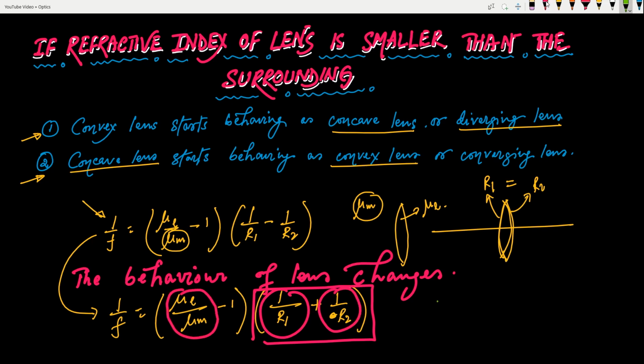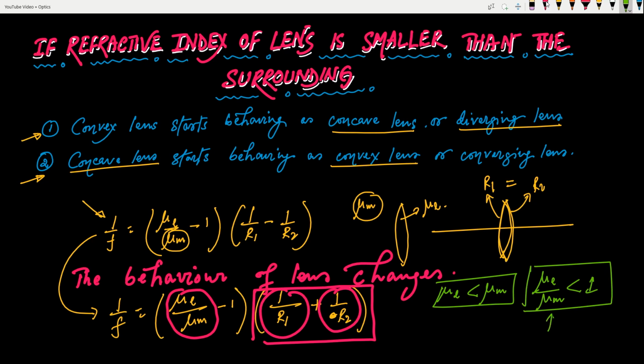Now if mu L is smaller than mu M, then what will happen to mu L divided by mu M? It will obviously be less than 1. If this division is less than 1, then this term will be negative, because we are subtracting 1, and we can see the focal length becomes negative.